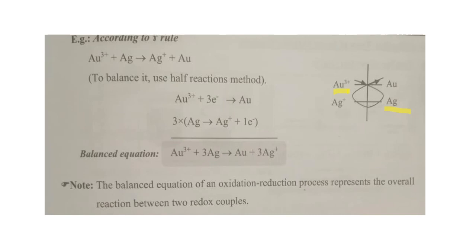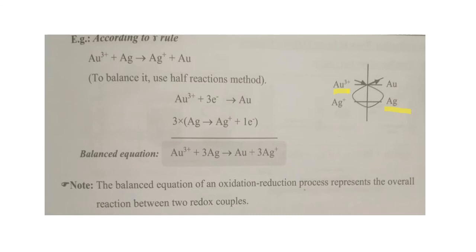Oxidizing agent, so it undergoes reduction. I write Au3+ + 3e- gives Au. And Ag is on the side of the reducing agent. It is a strong reducing agent. Okay, Ag undergoes oxidation, gives Ag+ + 1e-. Times 3 to balance, then this is the overall reaction.